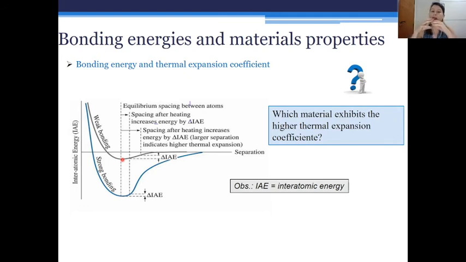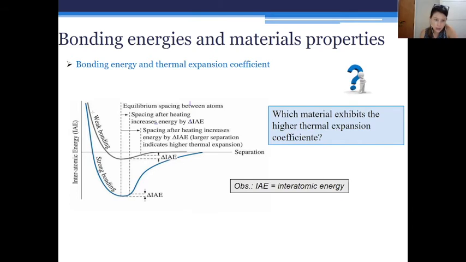Okay, so in that case, it is related to the capacity of the interatomic bond to increase, so to increase the separation distance between the two atoms when I give energy in the form of heat to my material. So when I give heat to my material, I give energy, so the energy is increasing. So what I am going to see is the following.